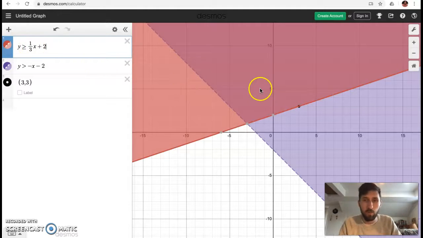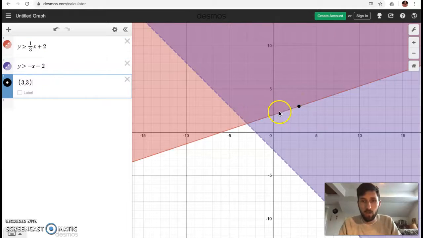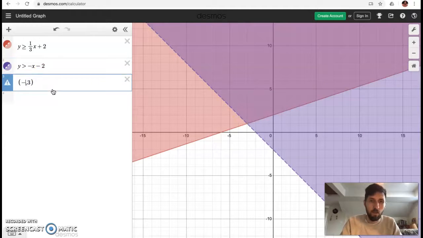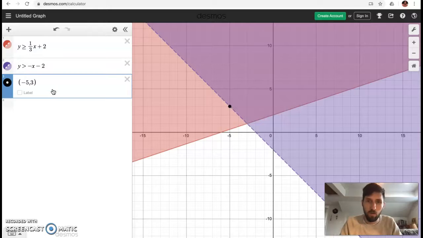So in this kind of example, because we have a solid line here, because it's equal to, that means that we include all of those points along that solid line. So all of these points, points like 3, 3 and 6, 4, etc., all of those points are going to count. However, if we were to change this, let's find a point that's on the dotted line, so that would be like negative 5, 3.